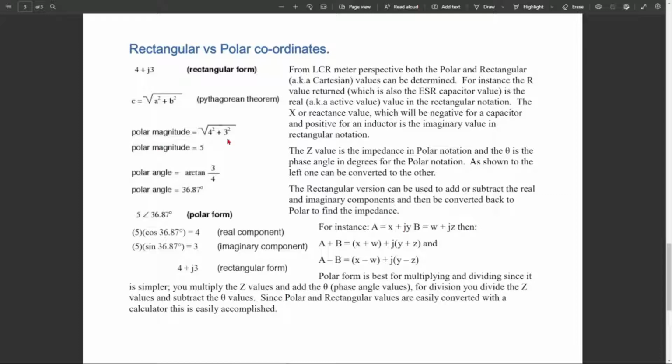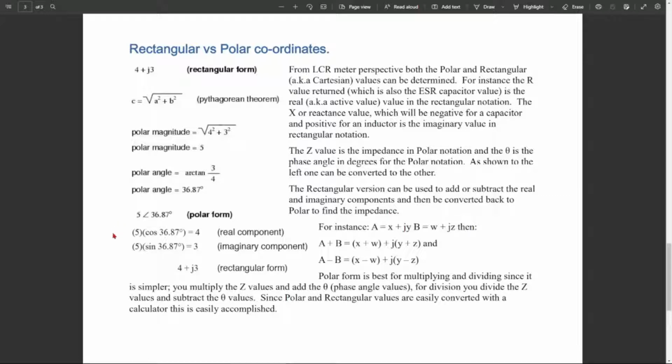And if you calculate that out, it would actually be 5 in this example. To get the angle, you would take the arctan of the two numbers, and you would then end up with a value of the phase angle, how much it would be out of phase. And again, they can be positive or negative depending on the type of component that you are dealing with, capacitive or inductor.